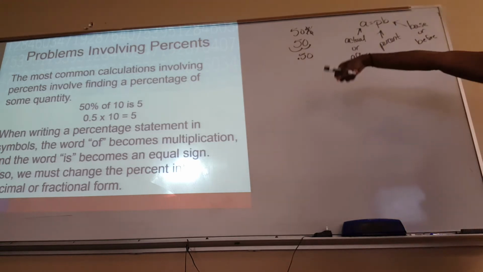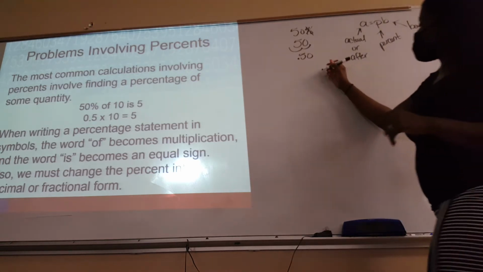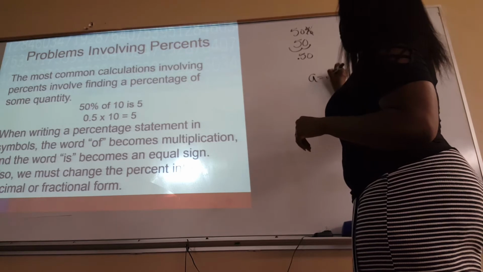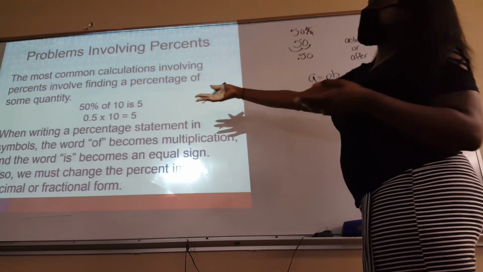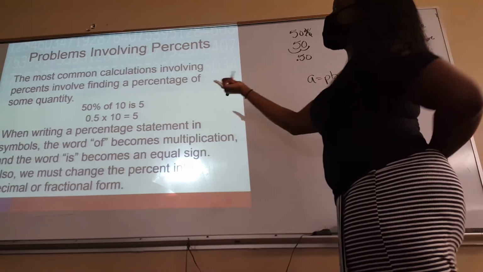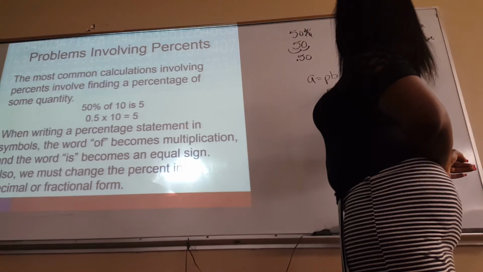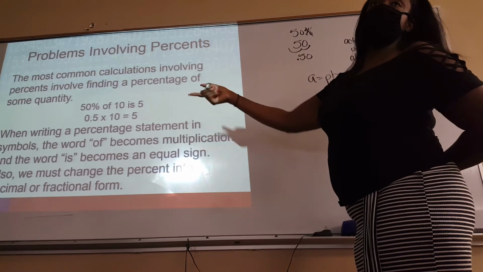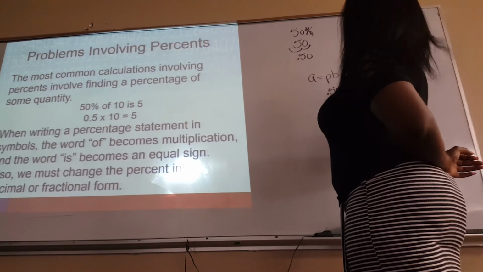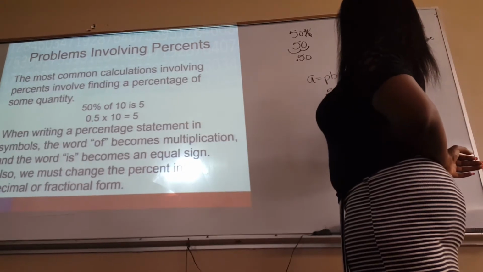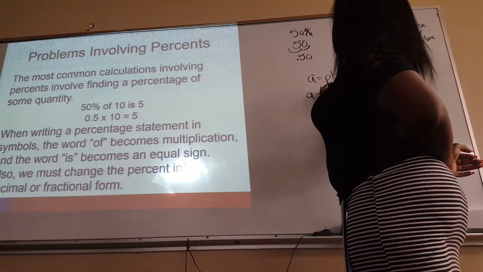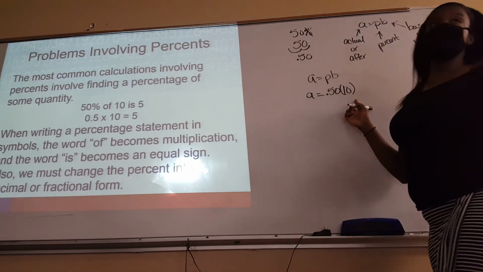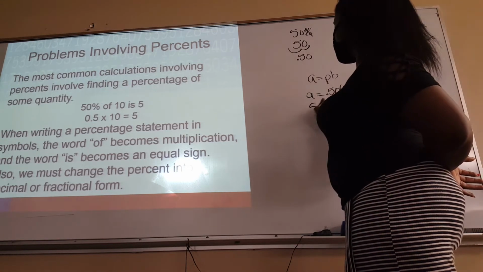So if we were to take this same one and fill it into A equals PB, they already actually gave us the answer, but let's just say we use the 50% of 10. 10 is the before or the base. So 0.50 times 10 will give us 5.